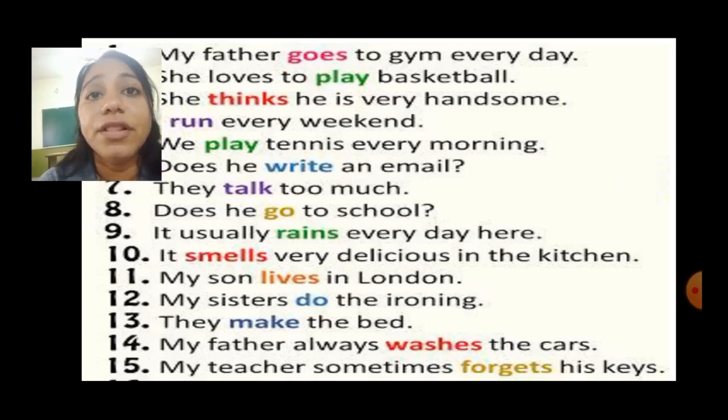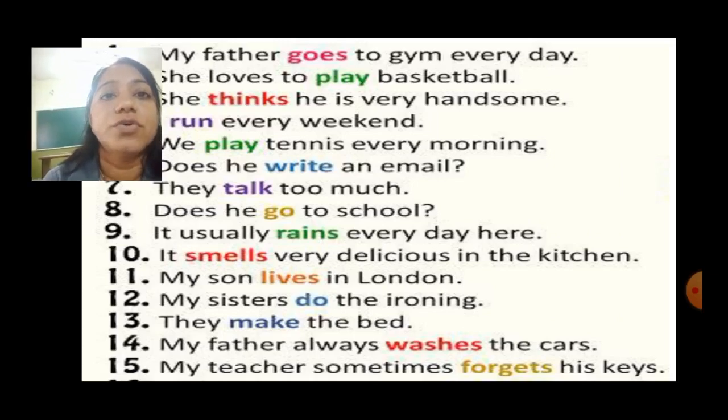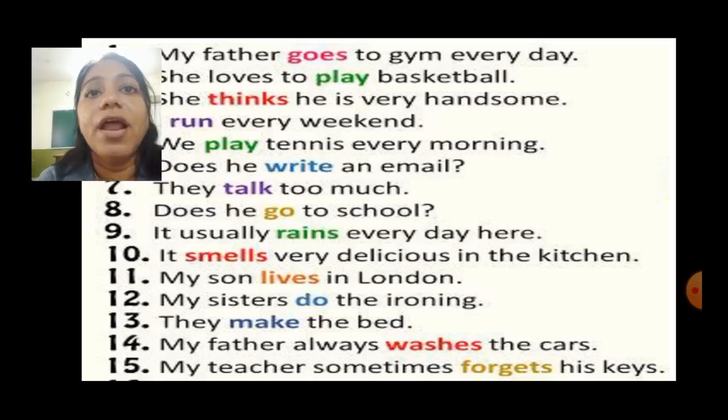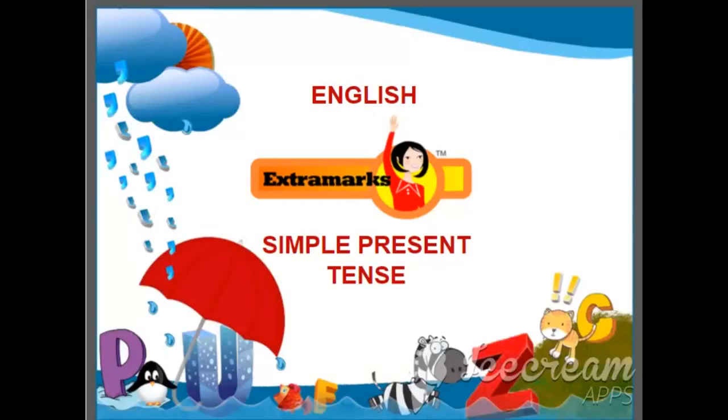For verbs ending with s, ch, sh, x, o, we will add es in the third person singular. So, I think children, you have understood this chapter well. Now, let's revise it from Extra Marks English. Simple present tense.